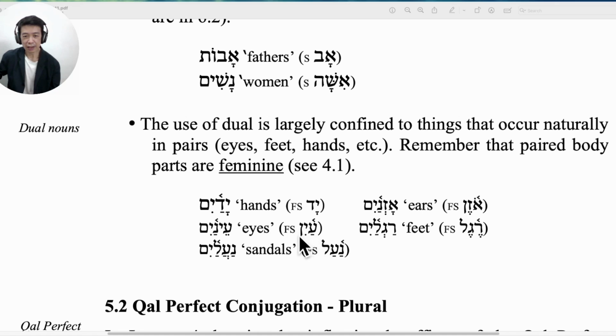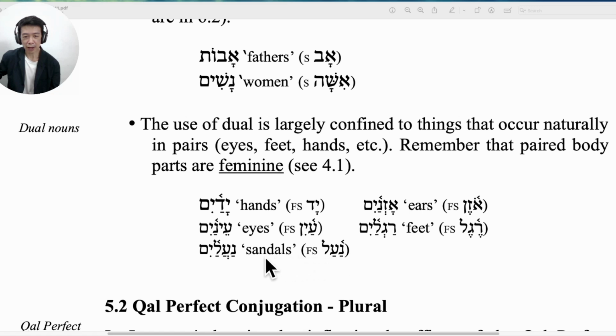But for a pair of eyes, it's einaim. For sandals, singular is na'al.